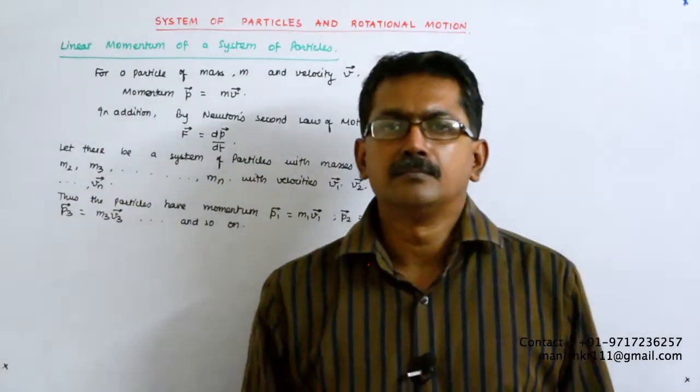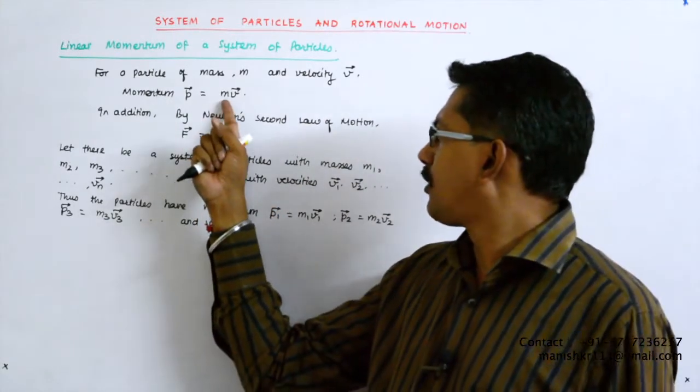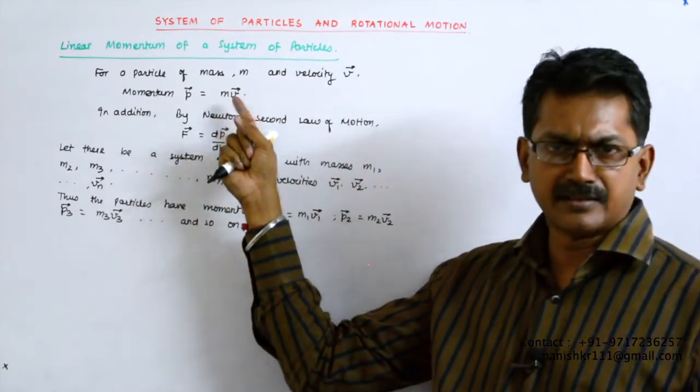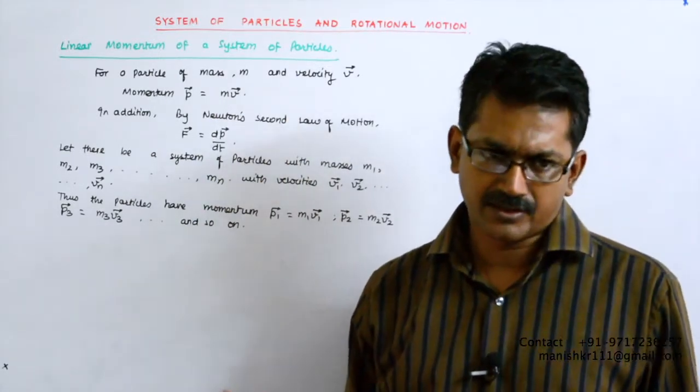Now momentum, as we see, is a multiplication of a scalar, a positive scalar in this case, with a vector, so that itself is a vector.